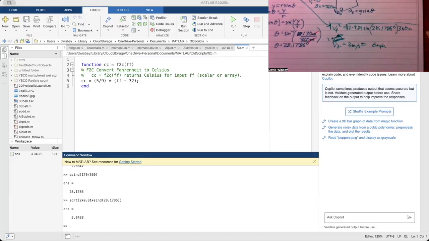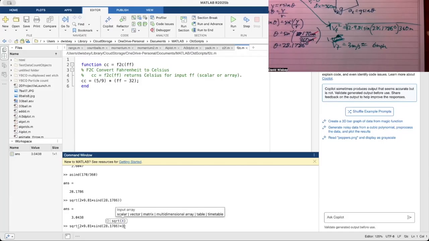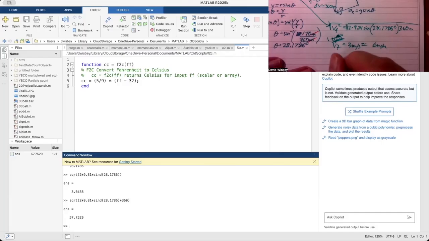That makes more sense. So I'm going to multiply by 360. Ah, 57 meters per second. Okay, this is more reasonable. Or we're just going to say 58 meters per second. If I double that, that's going to give me miles per hour.